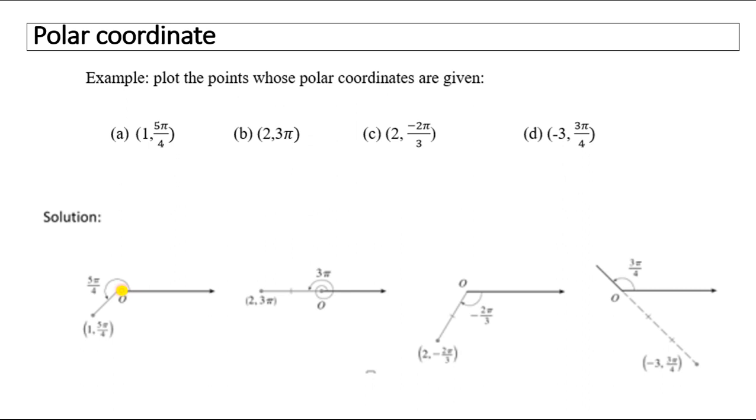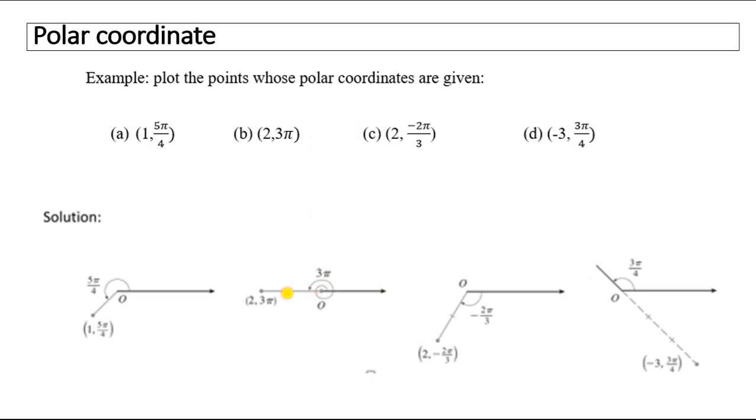Again, I start from theta 0, then I draw theta, then the distance from the origin to P. B: (2, 3 pi). I start from theta 0. Then I draw theta, theta 3 pi: this is 1 pi, 2 pi, 3 pi.